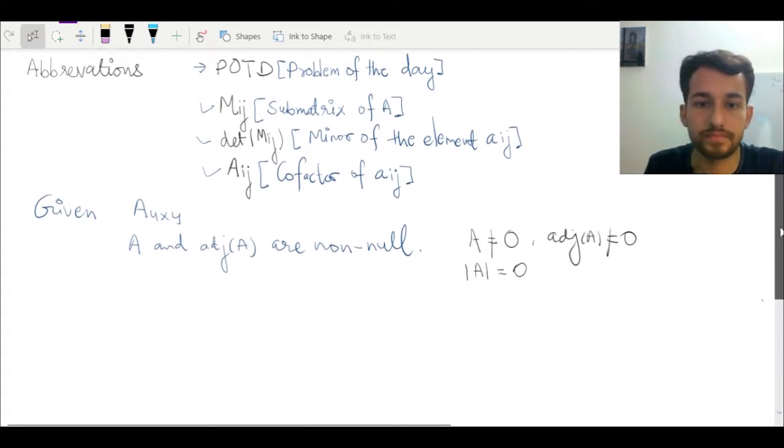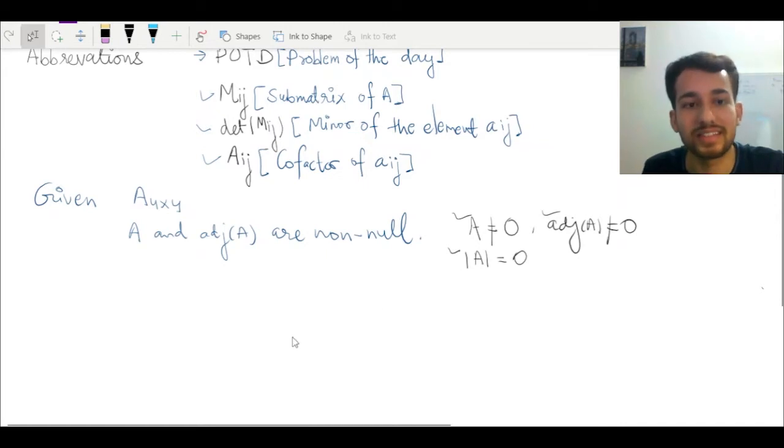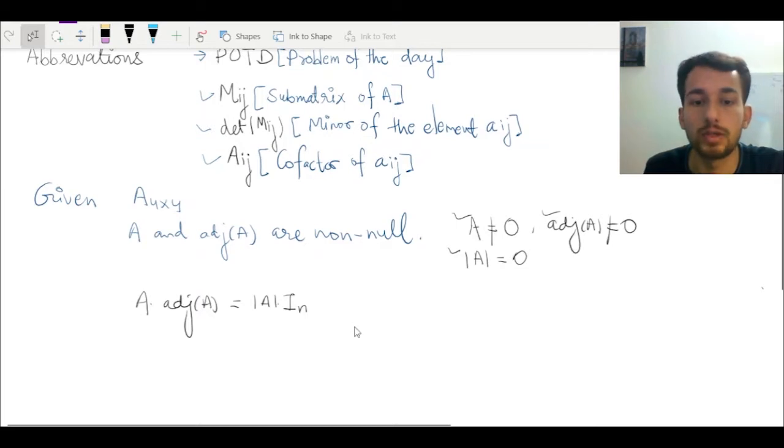If we remember, from our elementary classes we know the identity A into adjoint of A equals determinant of A times the identity matrix of order n, where A is a matrix of order n and adjoint of A is also an n square matrix. So this is a general identity that we know.